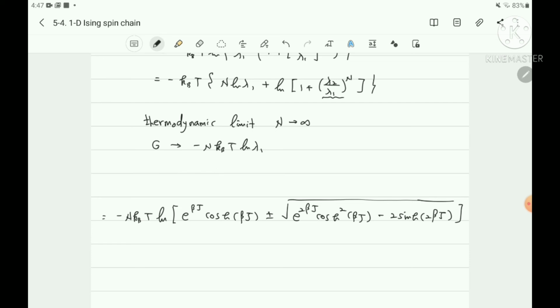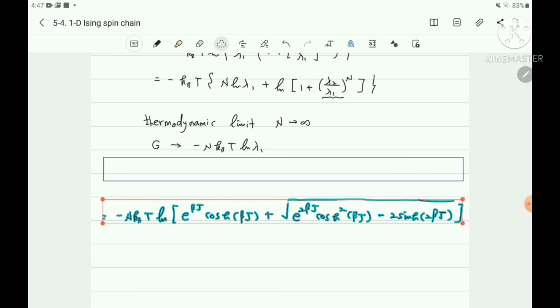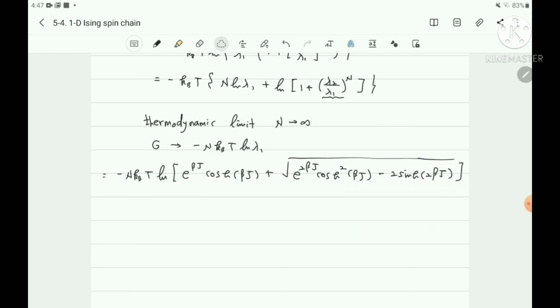Here, because lambda 1 is positive, it is plus. Okay, then it can be written again.